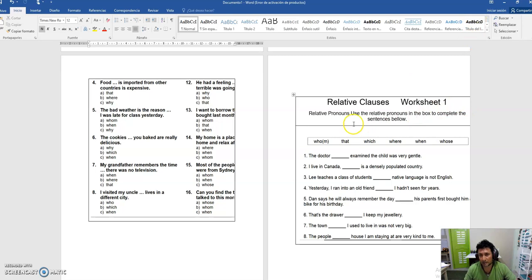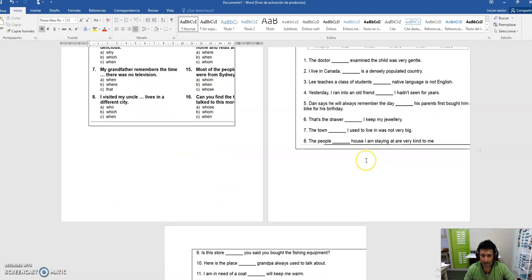Worksheet 1, relative pronouns. Use the relative pronouns in the box to complete the sentences below. We have all these options: whom, that, which, where, when, and whose. For example, the doctor examined the child was very gentle, and the student has to choose one of these.